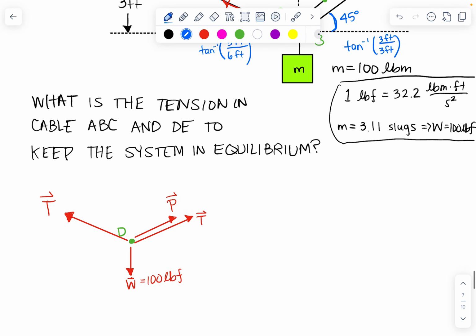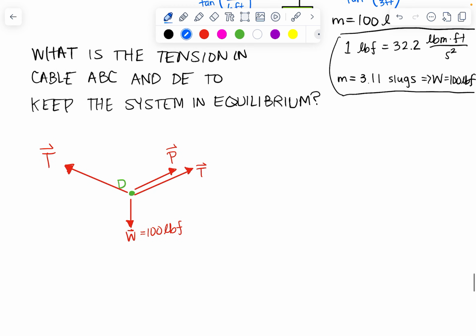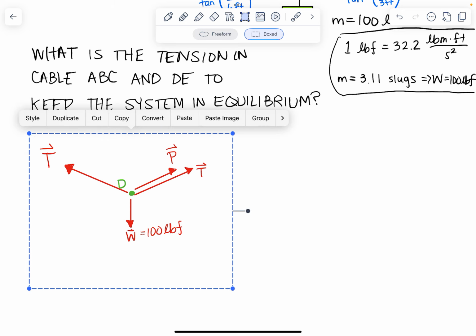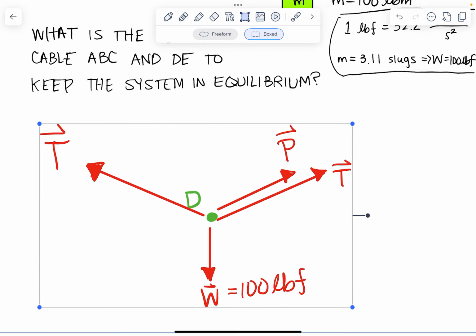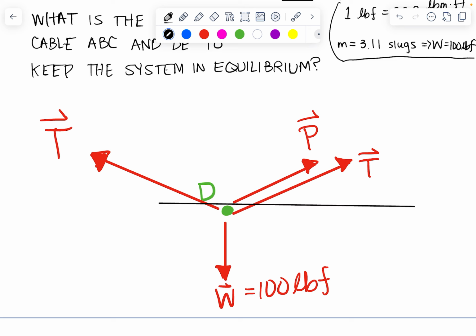And now we can break down our force vectors into their individual components. So let me actually just make this bigger so that we can see what we're doing here. And I'm gonna draw each of the components. So first let me draw our horizontal line.